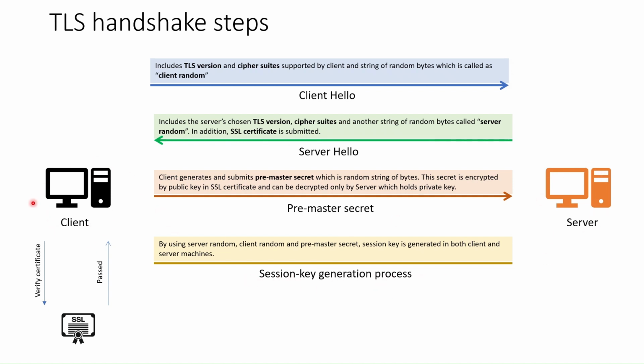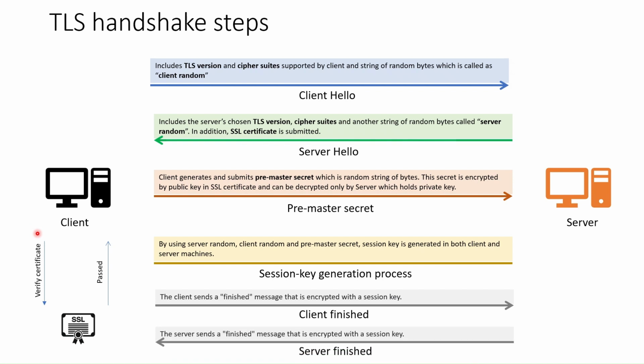Finally, after generating session keys, client and server send finished messages confirming that the session key is generated, and the TLS handshake finishes with this. After this, all the exchanged information, database client information, are encrypted with these session keys.